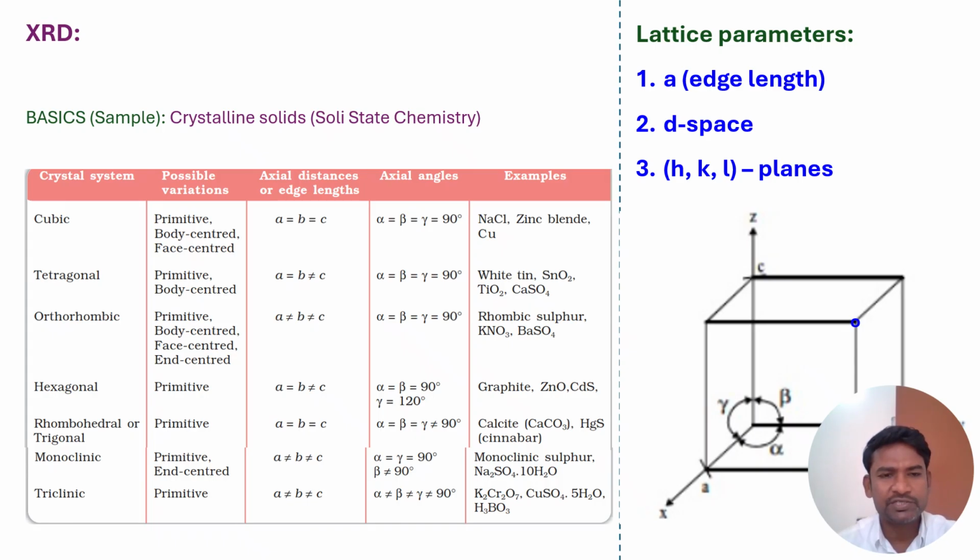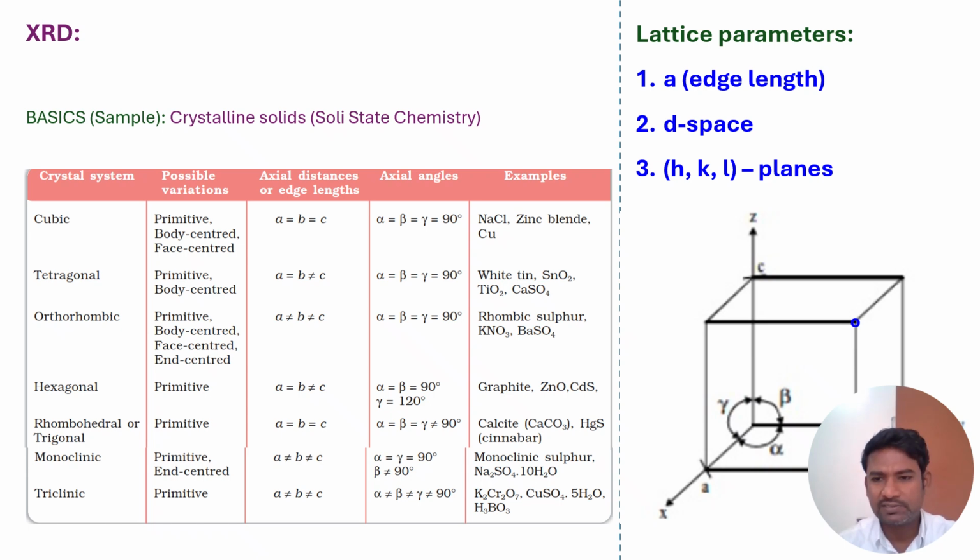So similarly, you can check the tetragonal. In the tetragonal system, there are two variations available, namely primitive and body centered. Here, only A is equal to B, but B is not equal to C. Meanwhile, alpha is equal to beta and beta is equal to gamma, which is equal to 90 degrees, which is the angle of axis.